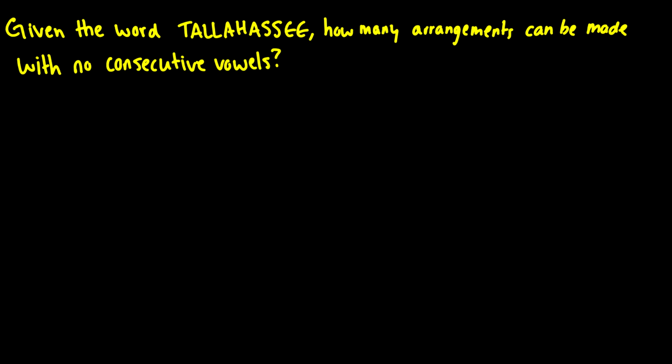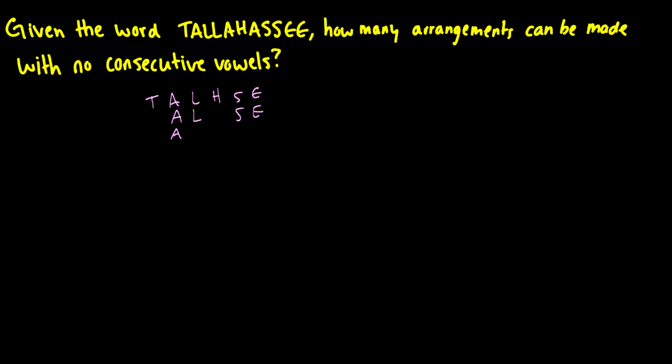So we're going to do what we did before, and list all the letters out and stack them so we know how many of each letter there are. Tallahassee. We have 3 A's, 2 L's, 2 S's, and 2 E's. Of course, we have lots of these, otherwise I wouldn't have picked this question.